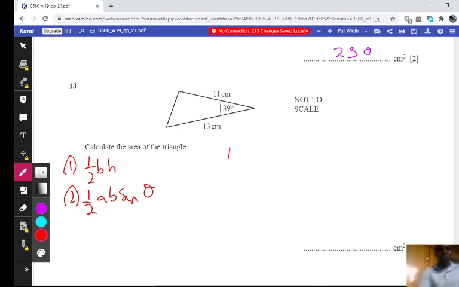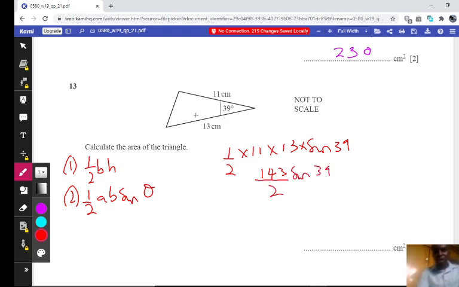So this one, it will be half times 11 times 30, then times sine 39 degrees. This one you can simplify to 11 times 13, which is 143 over 2, then times sine 39.